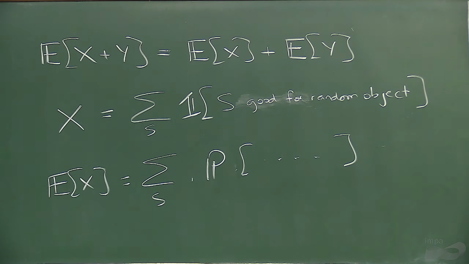So this was our basic recipe, and it worked very nicely for us. Okay, so let's just see one more example of that, where we have to choose a clever random object. And then we'll see some examples where this recipe doesn't quite work, and we have to do something a bit more complicated. Okay, so that's our plan for today.